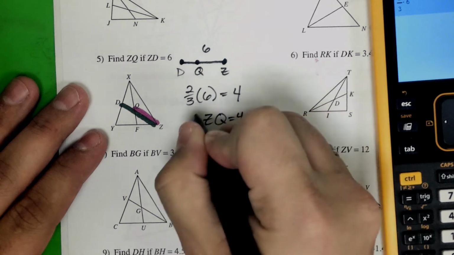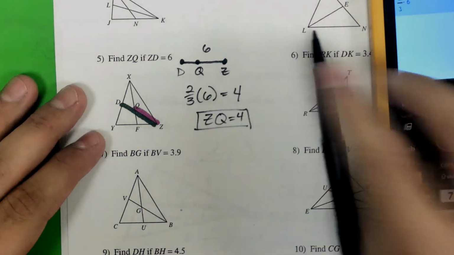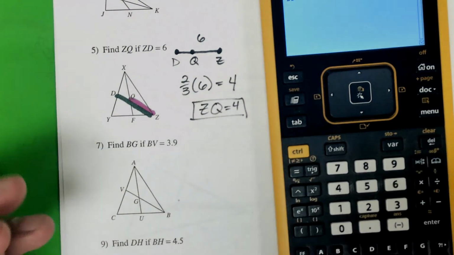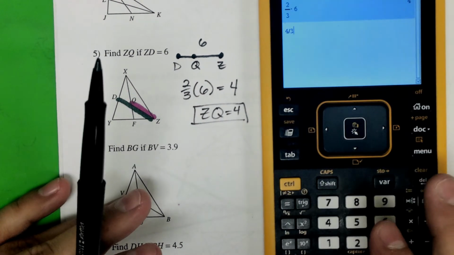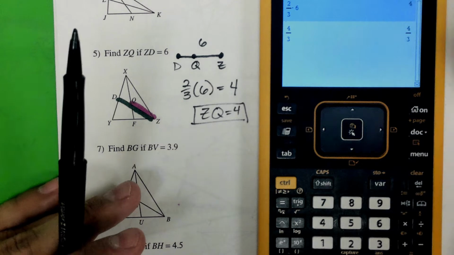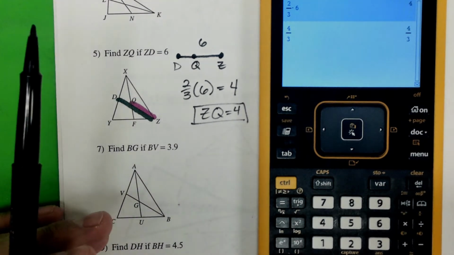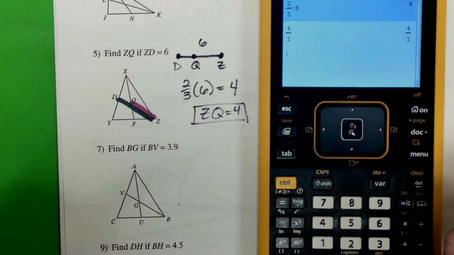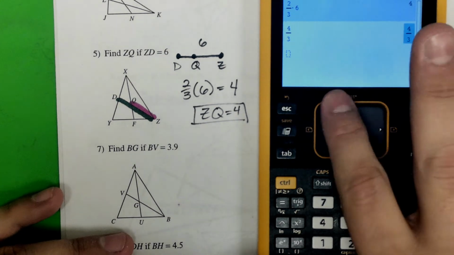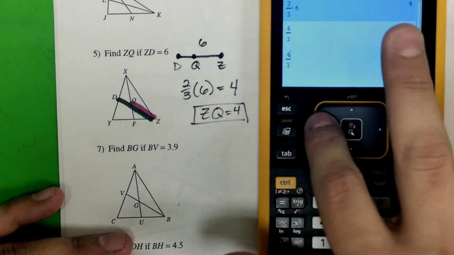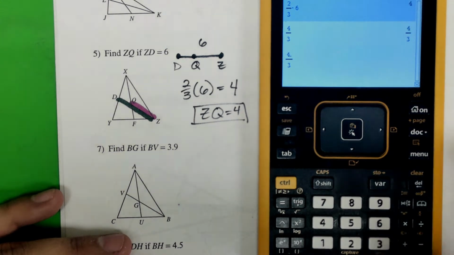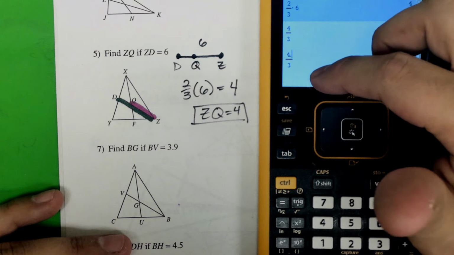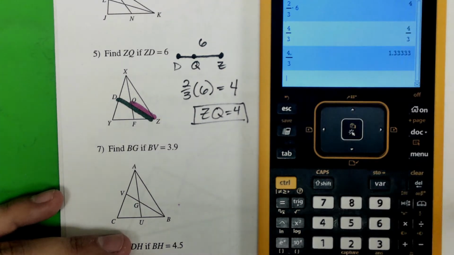But if it gave you a fraction, so let's say that it told you that it was 4/3 in your calculator. Now there's a few ways that you can get 4/3 to give you a decimal instead of a fraction. One of those ways is to literally just put a decimal point at the end of either the top number or the bottom number, and it will give you a decimal.